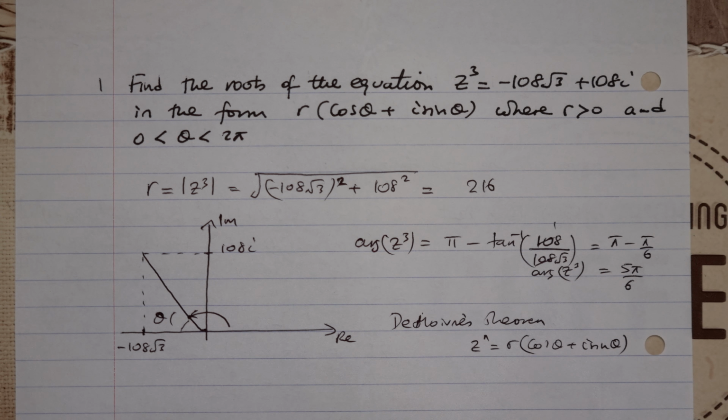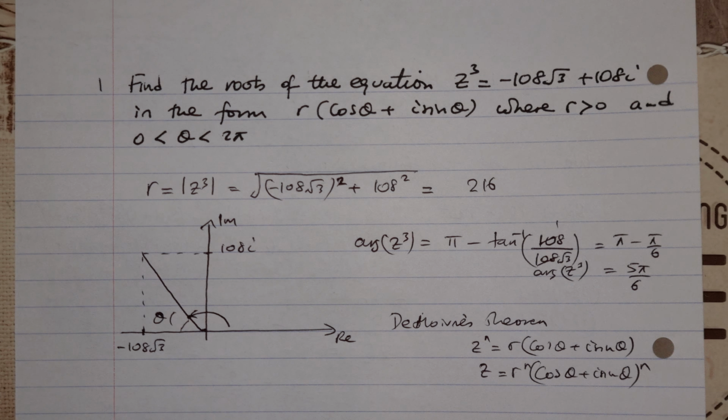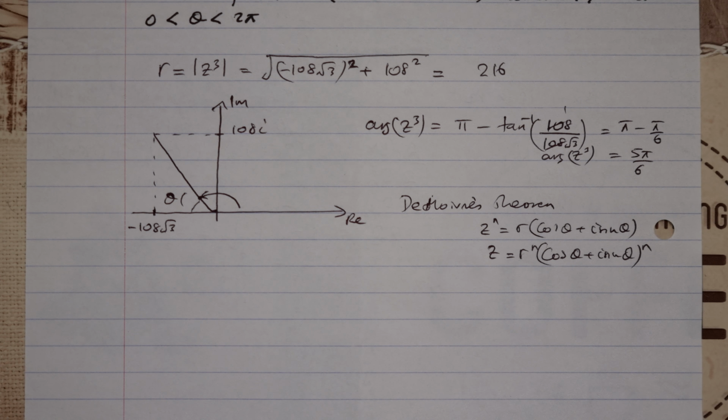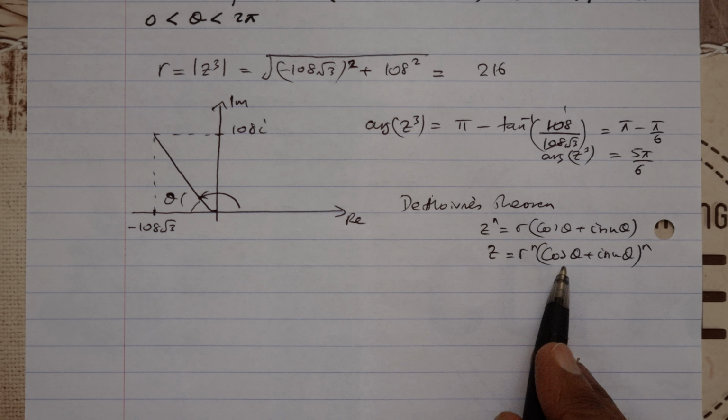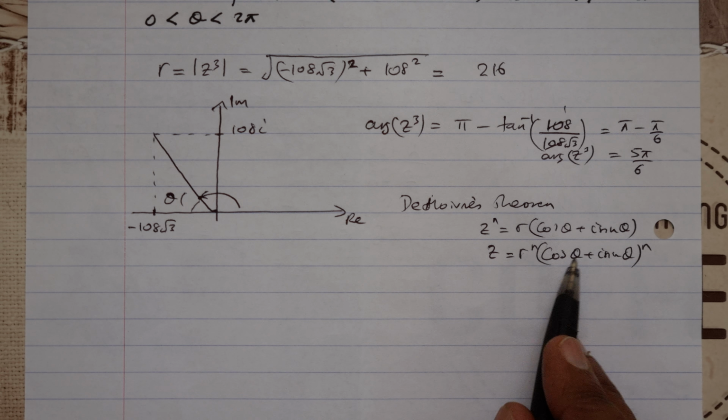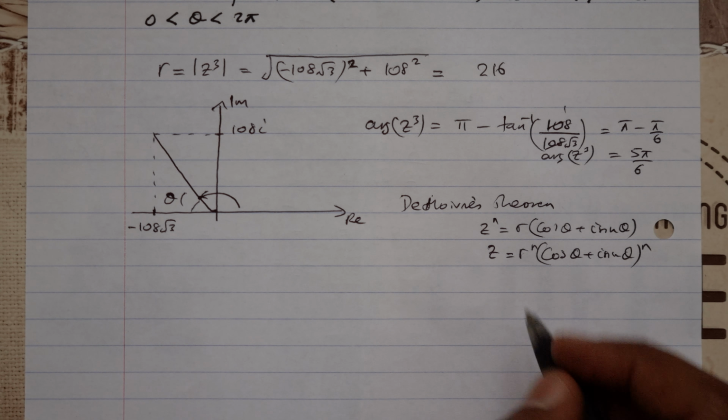If I remove n and put it on the other side, I get z equal to r to the power 1/n, times cos theta plus i sine theta, all to the power 1/n. My basic angle here is not this theta, it's something else. That's going to be the argument 5 pi upon 6.